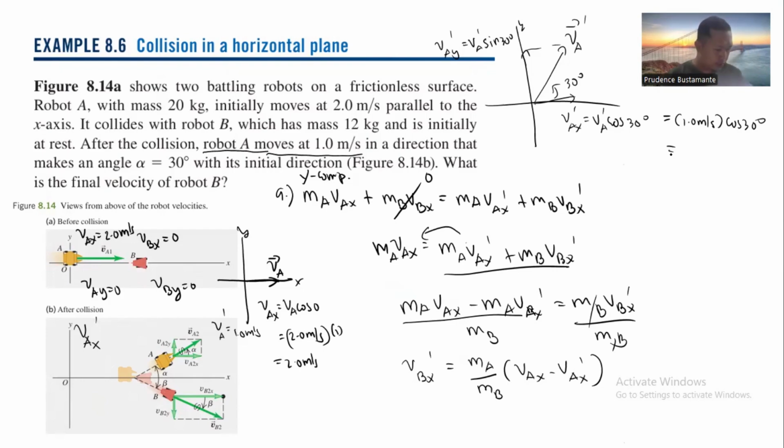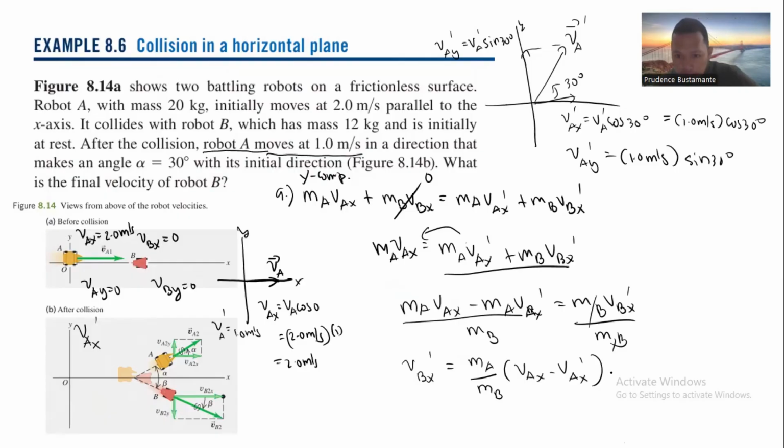Let's check our answer first. 1.0 cosine 30, maybe I'll just leave it like that. And our VAY prime is equal to 1.0 meters per second sine of 30 degrees.